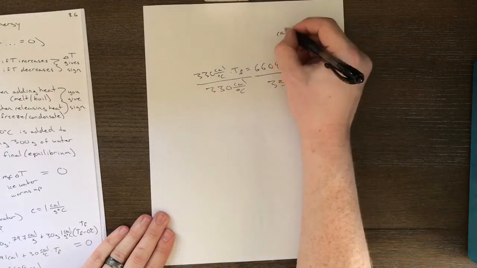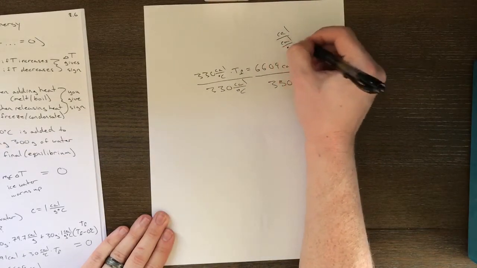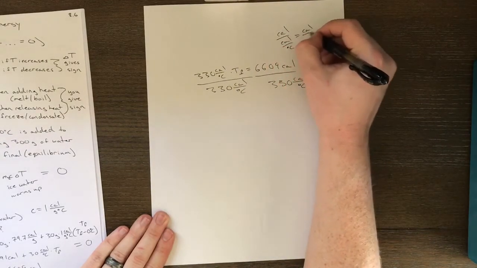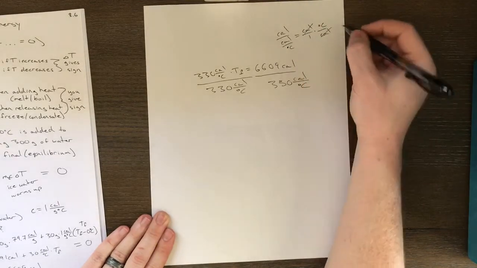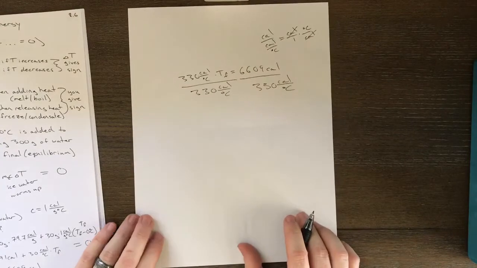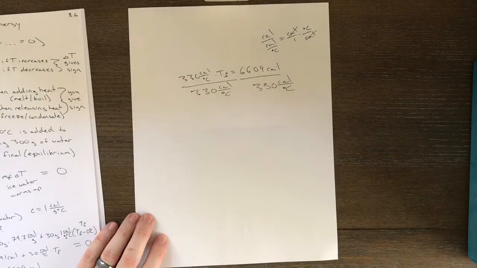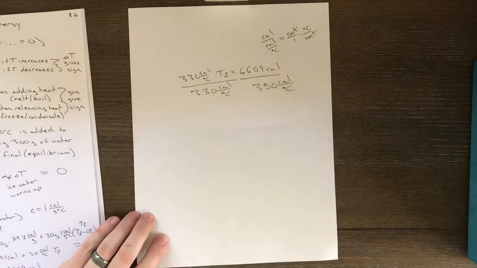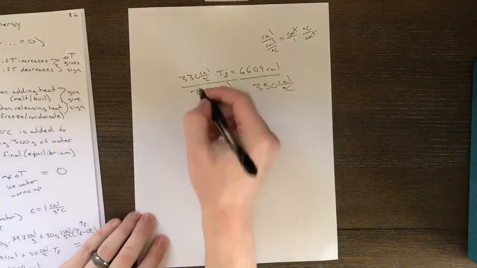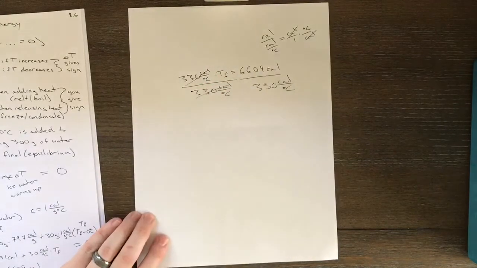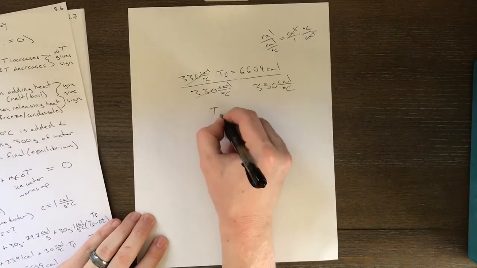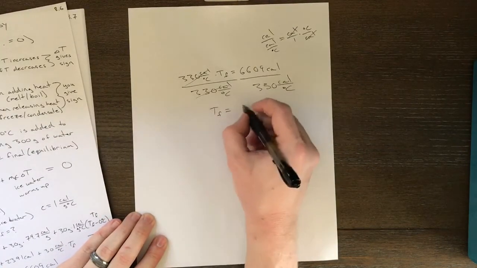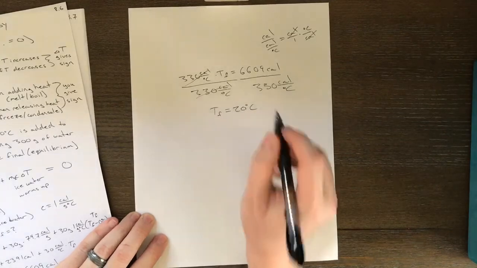I have calories over calories per degree Celsius. This is like calories over 1 times degrees Celsius over calories. I'm going to get an answer in degrees Celsius. And whenever we divide 6,609 by 330, we get 20. The final temperature is 20 degrees Celsius.